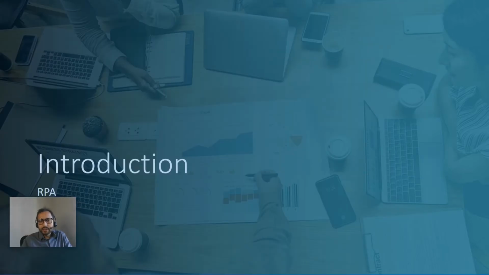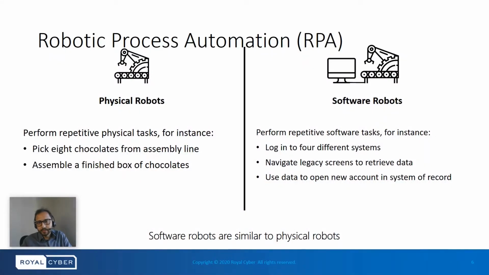Let's take a very brief look at what RPA and the intelligent automation journey are. So why is this automation called robotic? We use a metaphor of a software robot, with each robotic instance having its own virtual workstation.